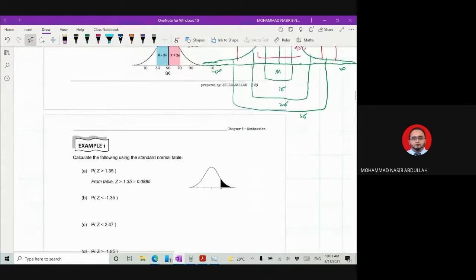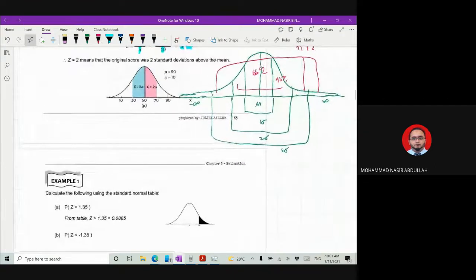So this is the concept of standard deviation in the normal distribution.